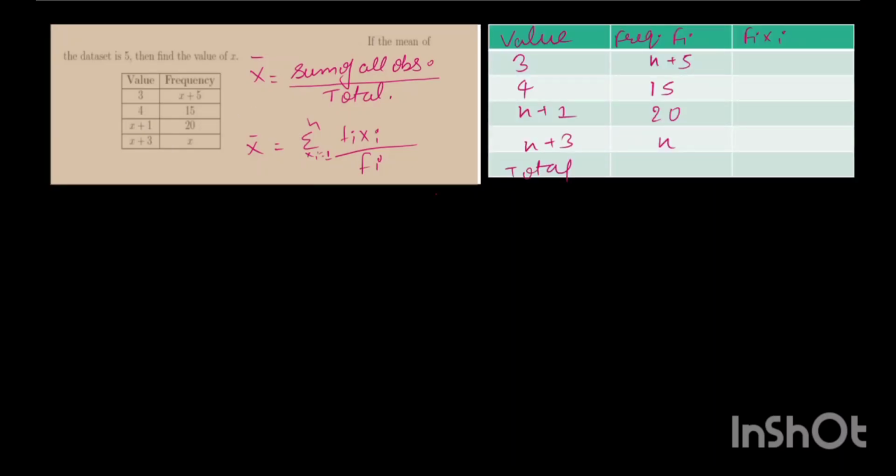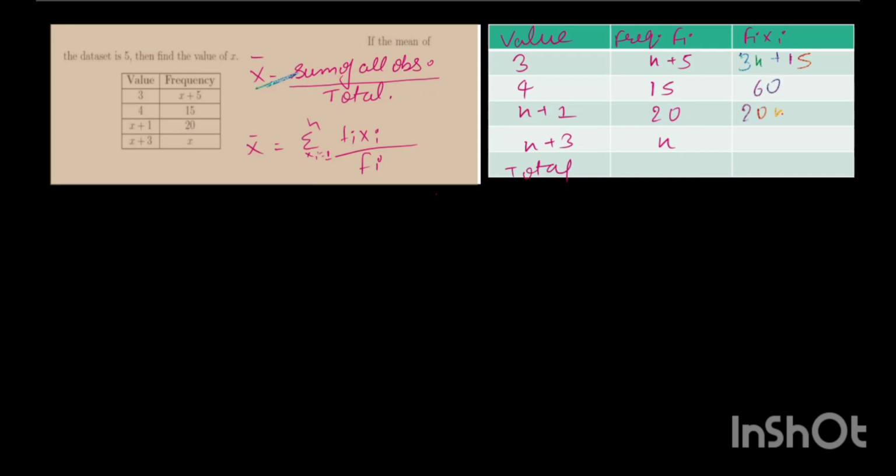This is another PYQ. Here we are given a data set, we have value, we have frequency, we also know the mean, and we need to find the value of x. Okay, so we won't be using the ordinary formula, rather we will be using the formula summation fi(xi) upon summation fi. Let me find the fi(xi) first.